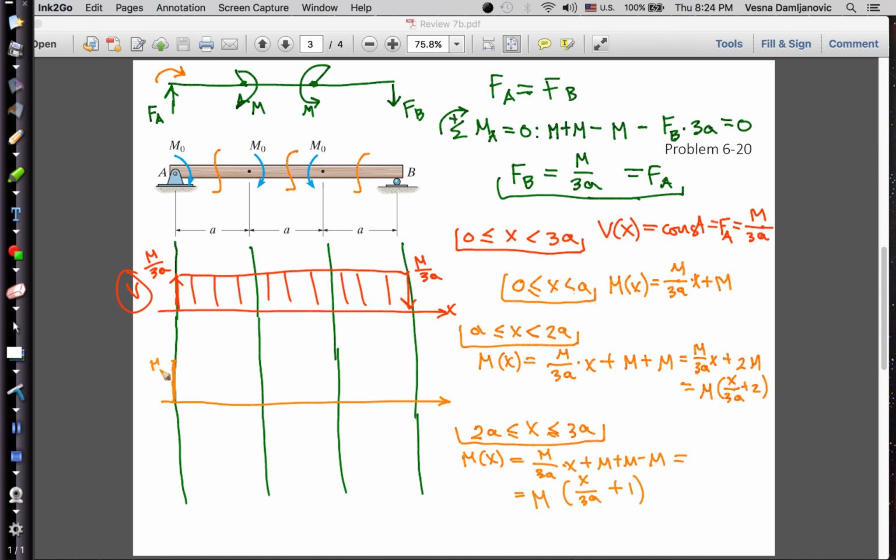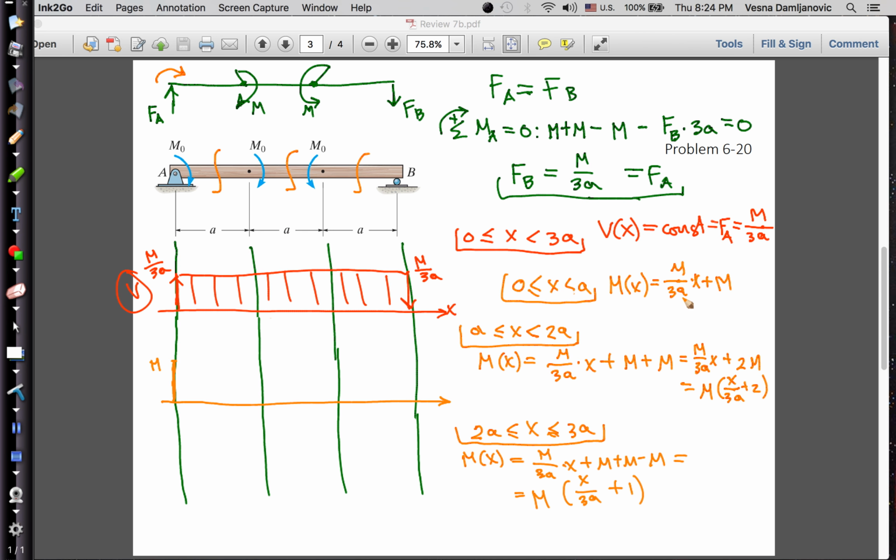So that is just m, okay? And then from that point on, because everything is straight in the shear, you know it's going to be declining down. But how far, with what slope, we've got to see. Instead of doing that, let's use the equations. So when x is equal to a, we get ma over 3a, so it's m thirds plus m, that's 4m over 3.